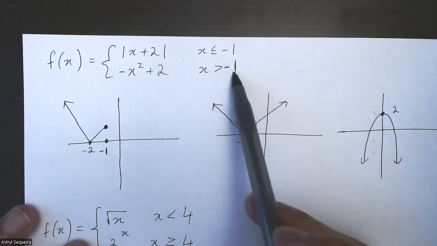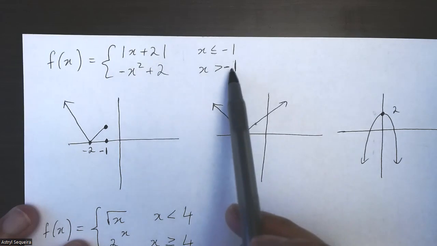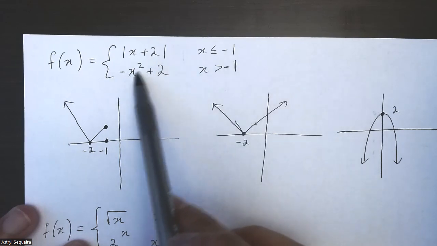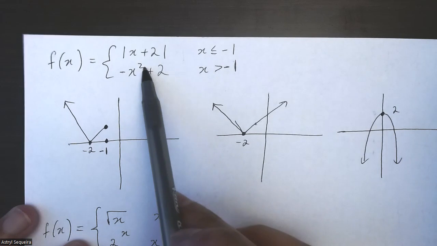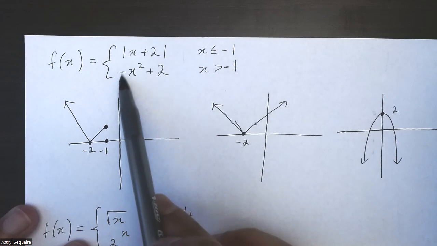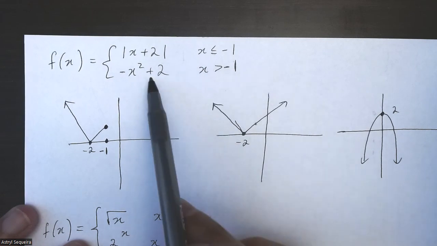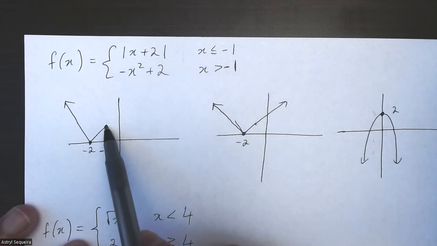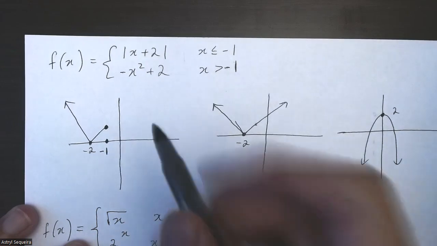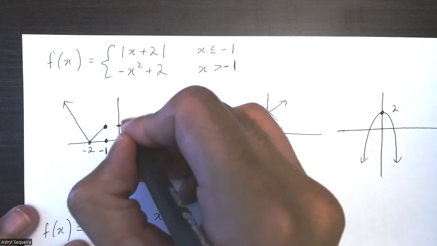Now let's sub in a -1 into the right side of the function, which is the second equation here. -1, remember to do the square first. So -1 squared is +1. That's -1 because we have an extra negative sign here, and -1 plus 2 is also +1. So we would put an empty circle at +1, but there's already a filled dot over here. So it's the same point, basically +1.